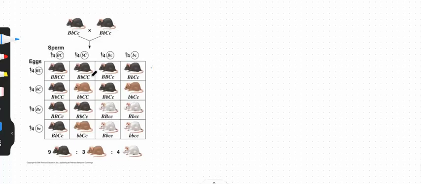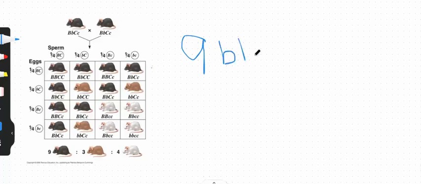You're going to look at the genotypes that you've written and determine what the phenotypes are based on your phenotype map. Remember, if the animal had an uppercase B and at least one uppercase C, they were going to be black. So I see 1, 2, 3, 4, 5, 6, 7, 8, 9 animals that are black.